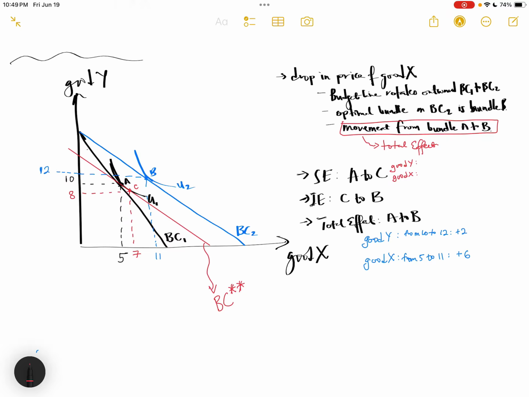So from 10 to 8, and that is minus 2 units of good Y. We consume 2 fewer units of good Y. And then along the x-axis, A to C, we go from 5 to 7. So along the x-axis, we gained 2 units of good X. That's good, right? Yeah.